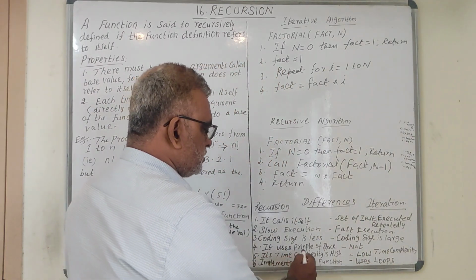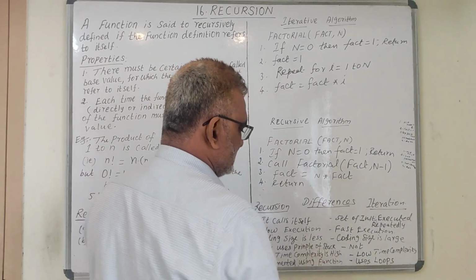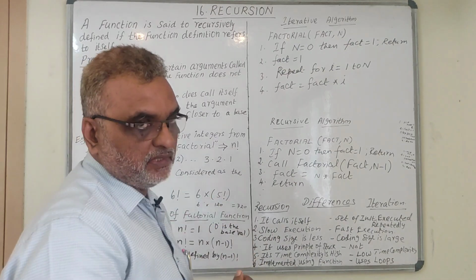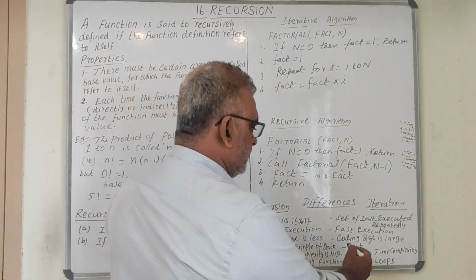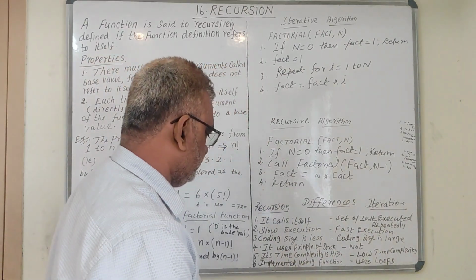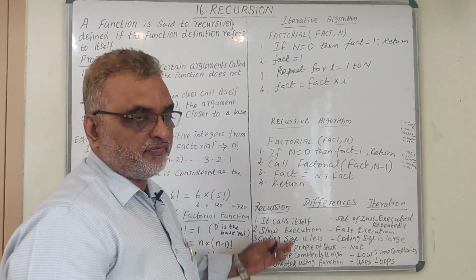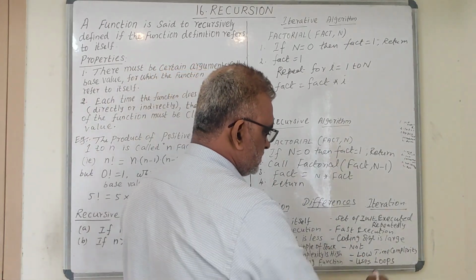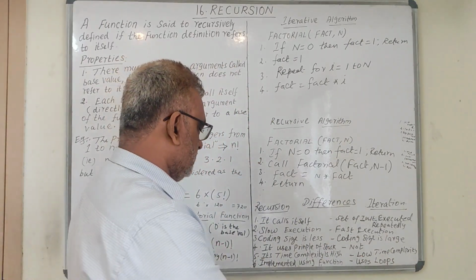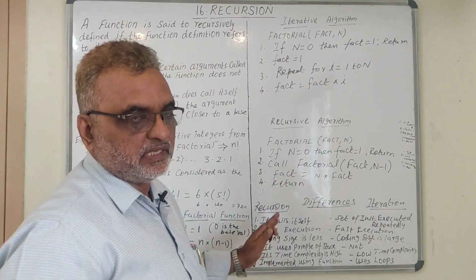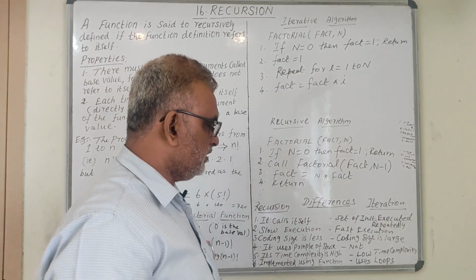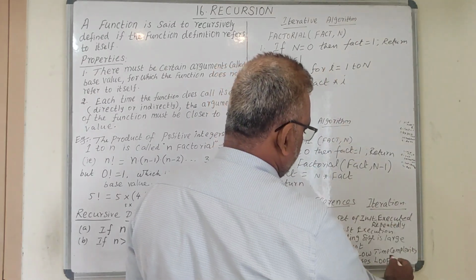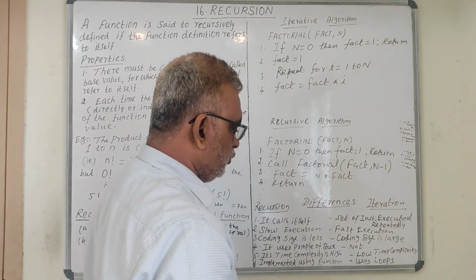Recursion uses the principle of stack, which is not the case in iteration. The time complexity of the recursive algorithm is high, whereas in iterative algorithms the time complexity is low. Recursion can be implemented using functions, whereas iterative algorithms can be implemented using loops.